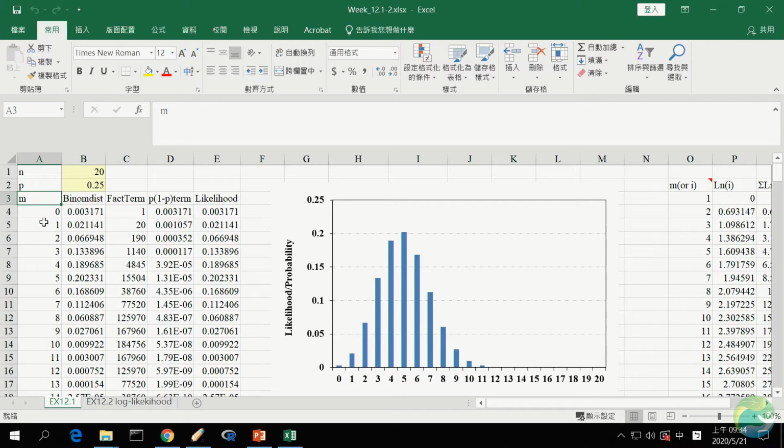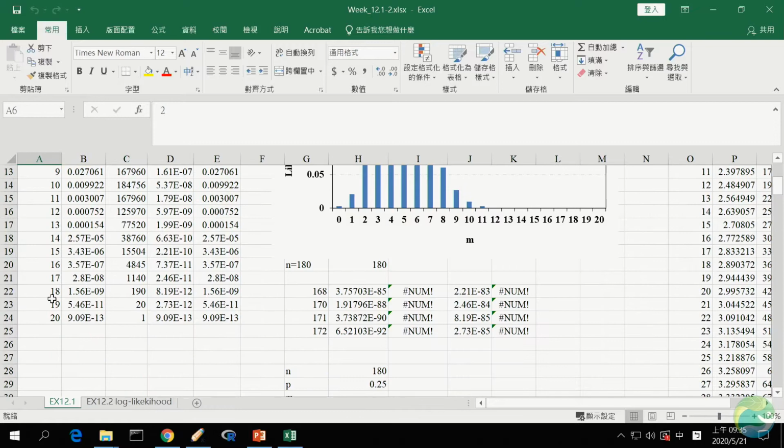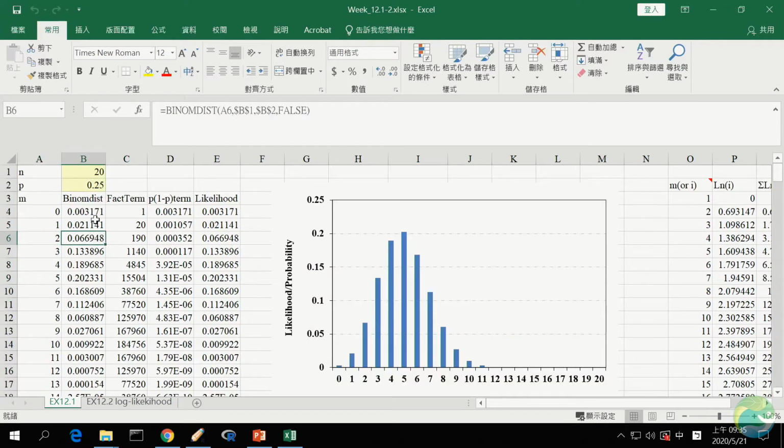We can have the outcome for this random variable as the value of 0 or 1 or 2 and so on. We can calculate the PMF, the probability mass. We can calculate the probability for each random outcome.